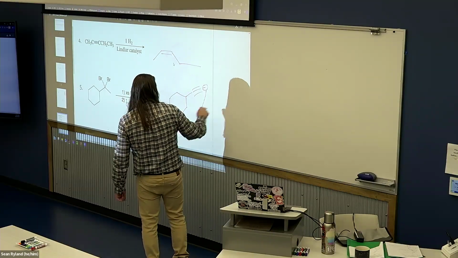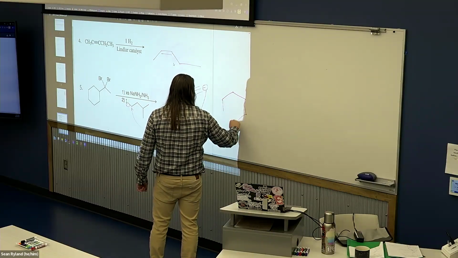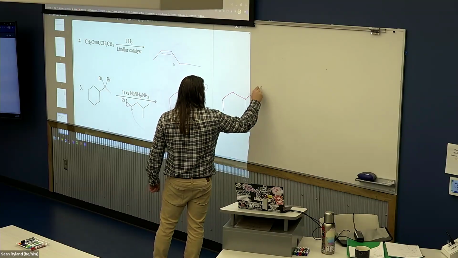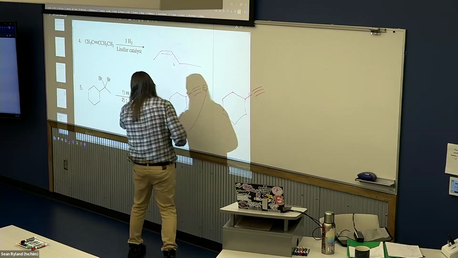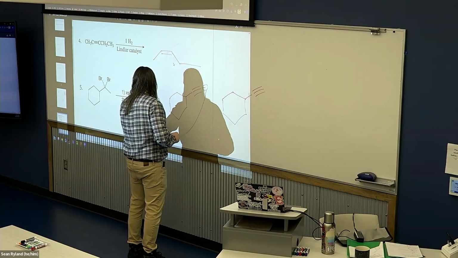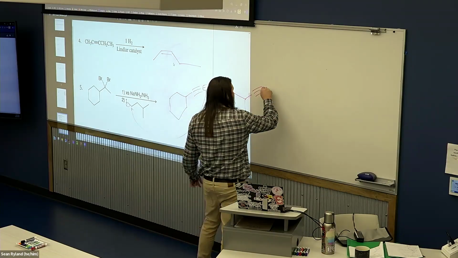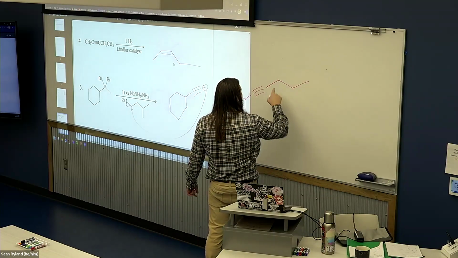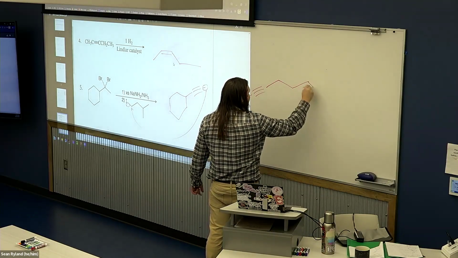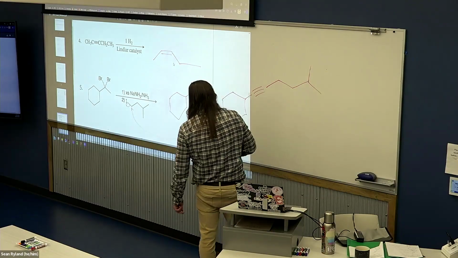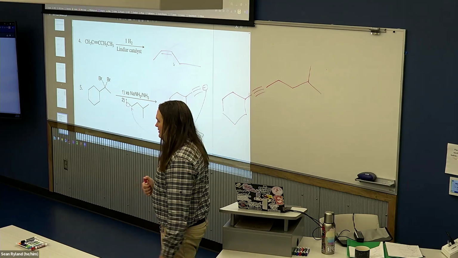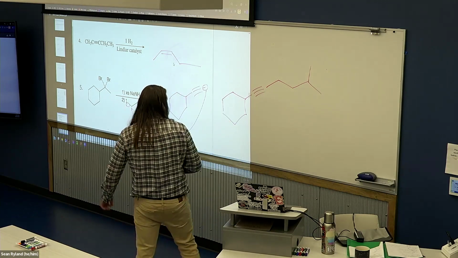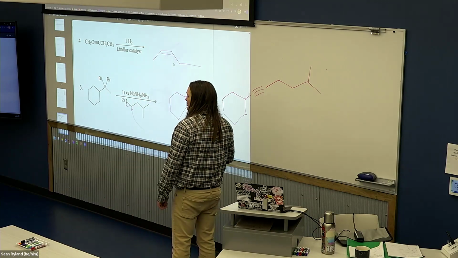So we're going to add, that's where we started. We're adding 1, 2, 3, 4. 1, 2, 3. 1, 2, 3, 4. As usual, the trickiest thing with these is to make sure you didn't add or lose a carbon somewhere.